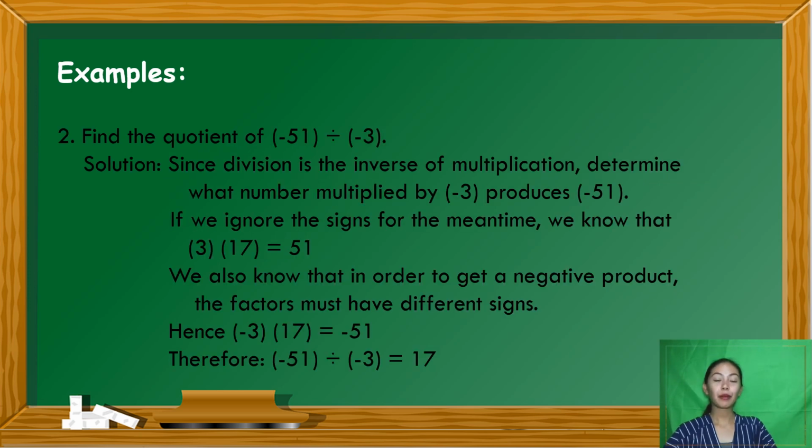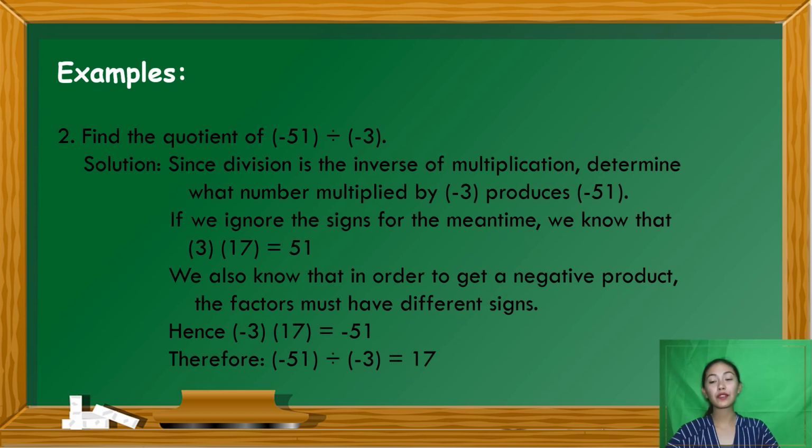Number 2, find the quotient of negative 51 divided by 3. Since division is the inverse of multiplication, determine the number multiplied by 3 that produces negative 51. If we ignore the signs for the meantime, we know that 3 times 17 is 51.